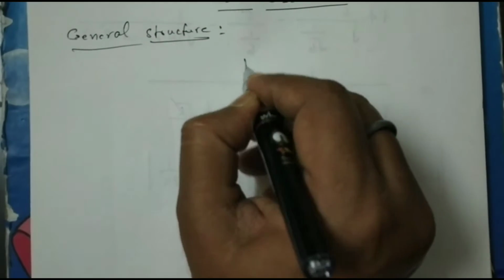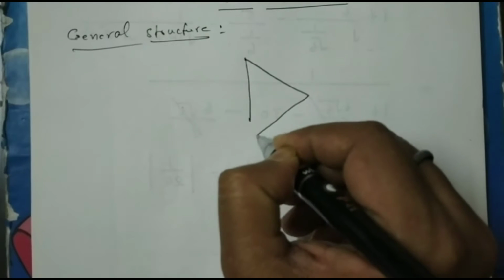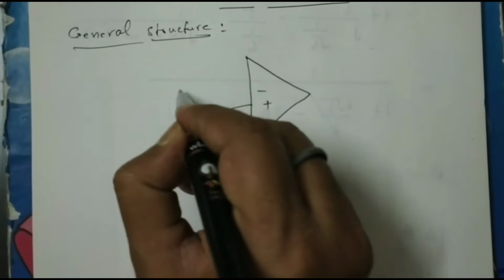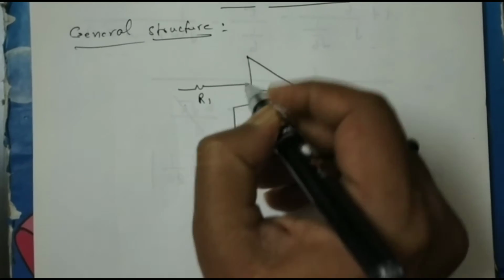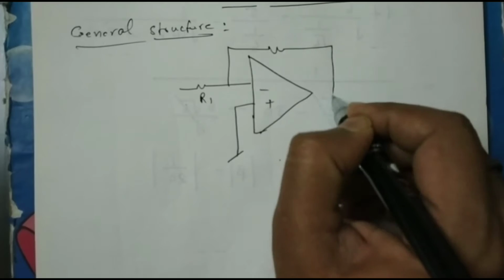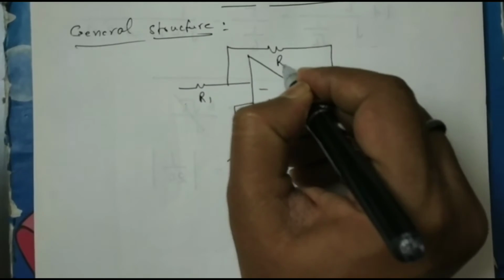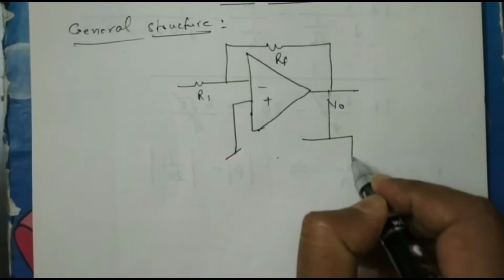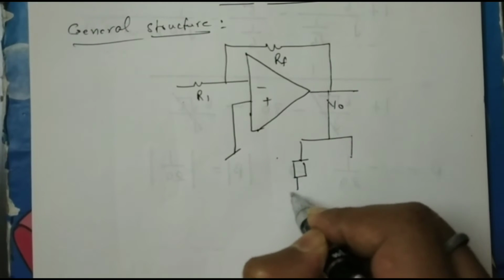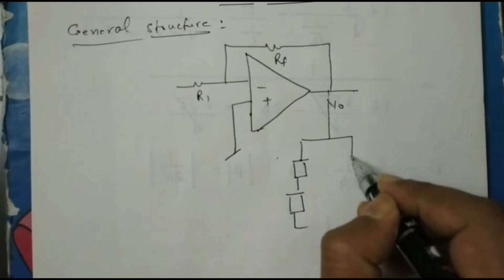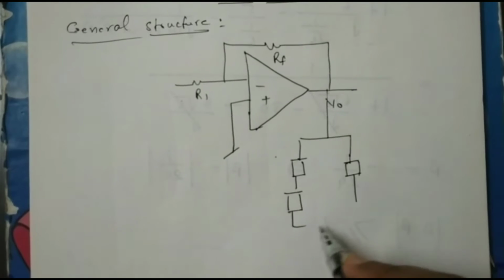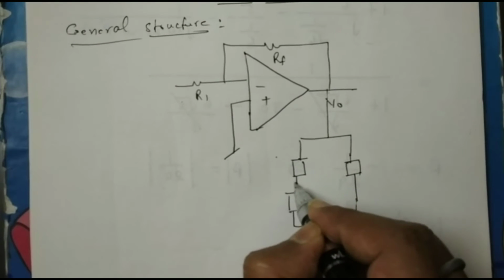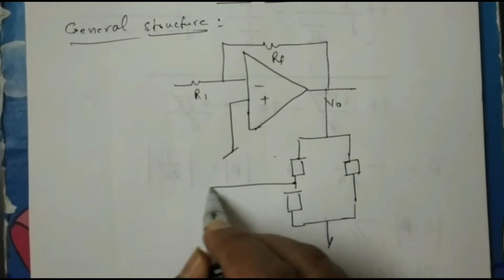It consists of an op-amp in the inverting mode, whereas a feedback network consisting of three impedances in such a fashion, and from here we take the feedback.